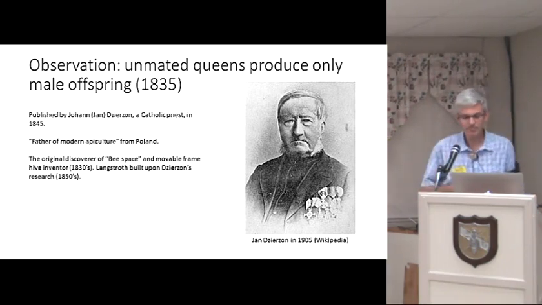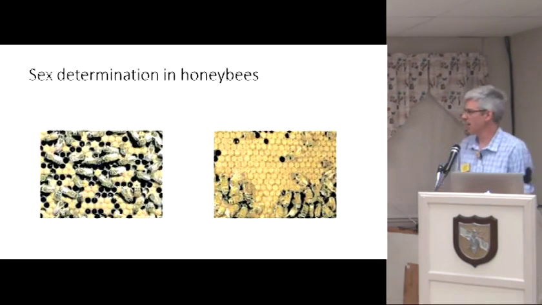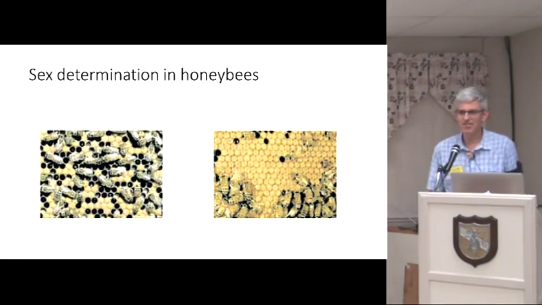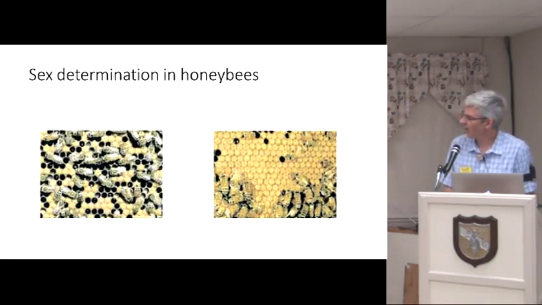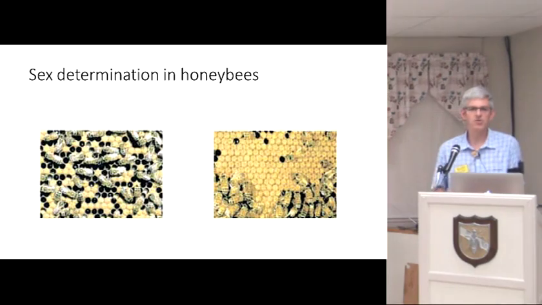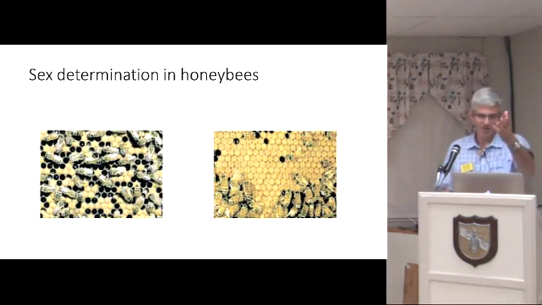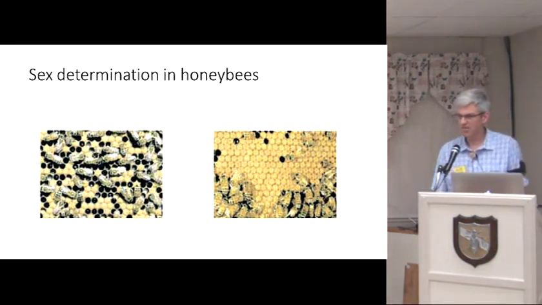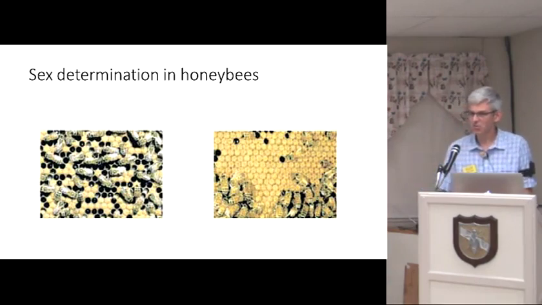It's very interesting. Okay, so let's talk about sex determination in honeybees. What do you see on the left? You see a lot of holes, right? On the right, you see a nice pattern brood. And we all know we're supposed to look at our brood and see a nice tight brood pattern. But until your talk last time, Mike, I think it was, you mentioned something about double drones, and that actually is what's going on here.